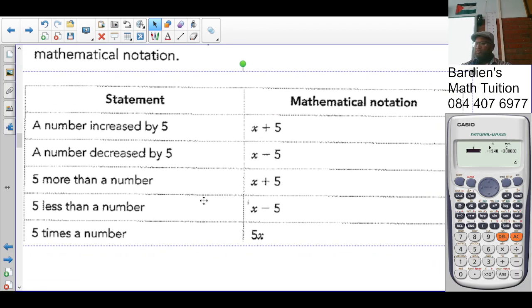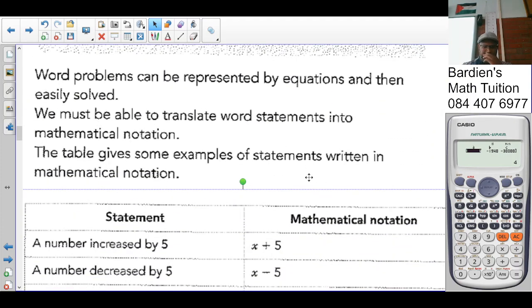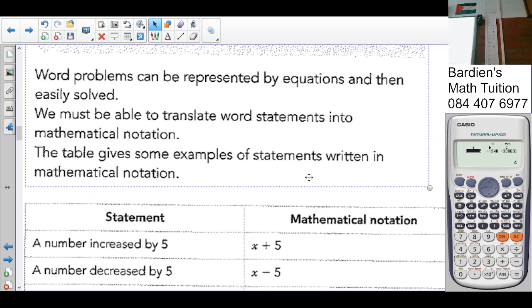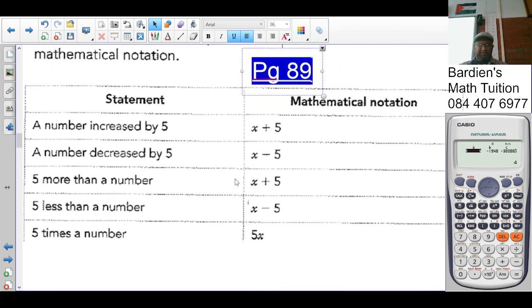This is on page... What page are we on, people? Okay, so you're on page 89.